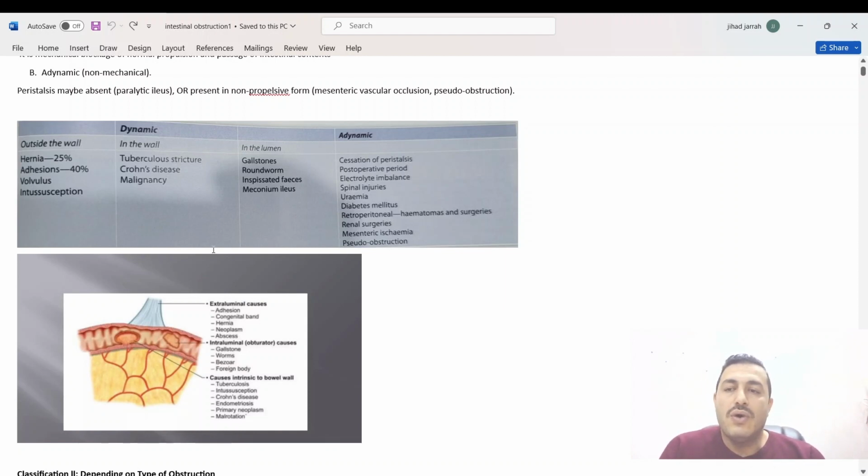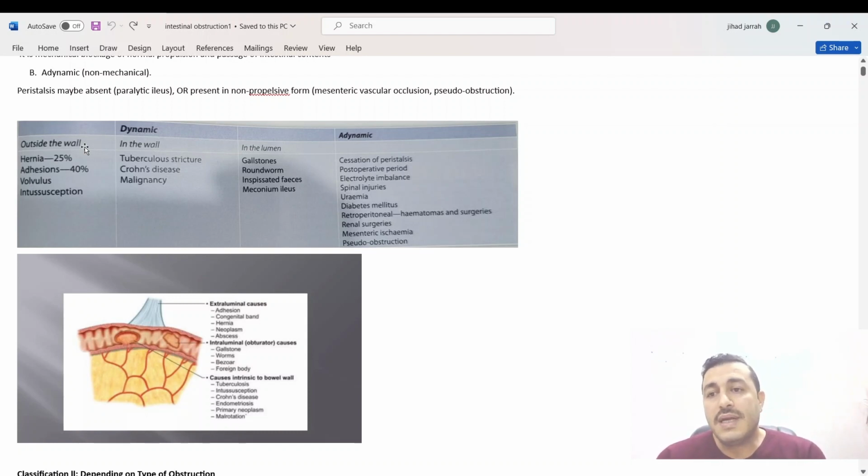So they are called mural, intramural. You can see here, dynamic can be classified to outside the bowel. A clear example is adhesion. Examples of extraluminal causes, sometimes we call them hernias, adhesion, volvulus, intussusception. These are causes outside the bowel.